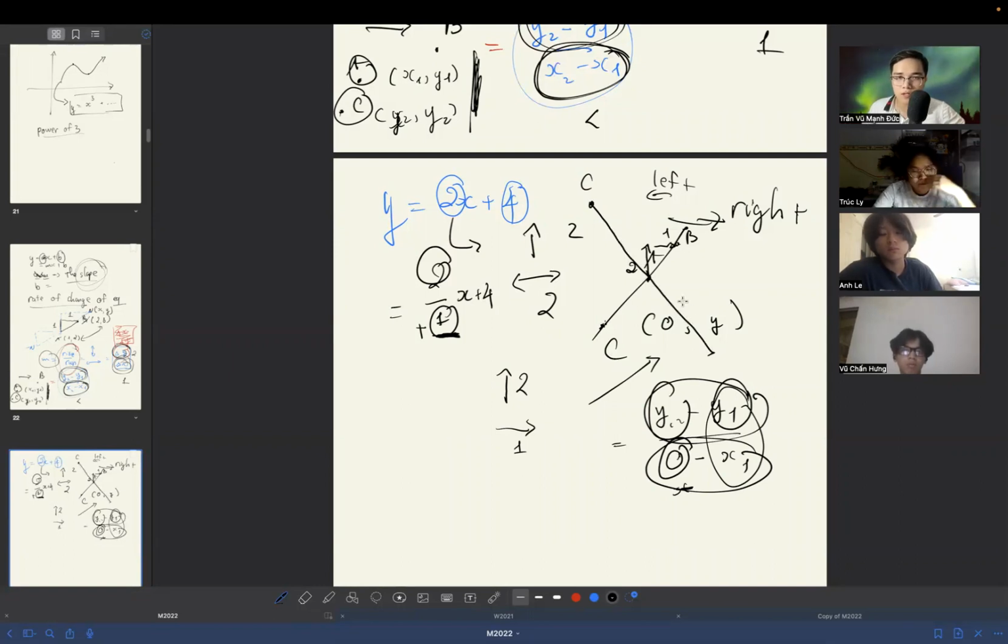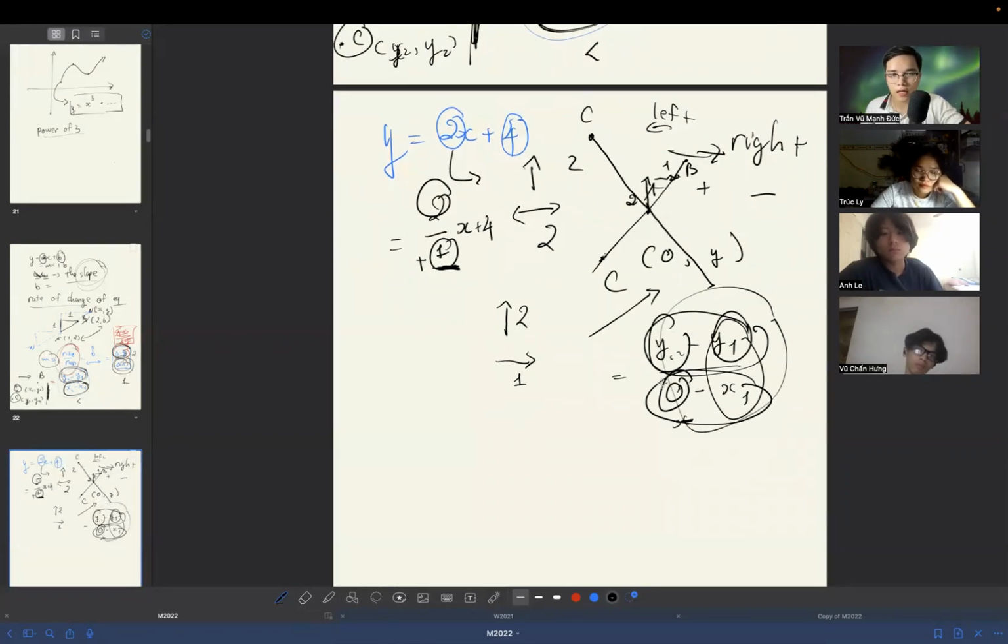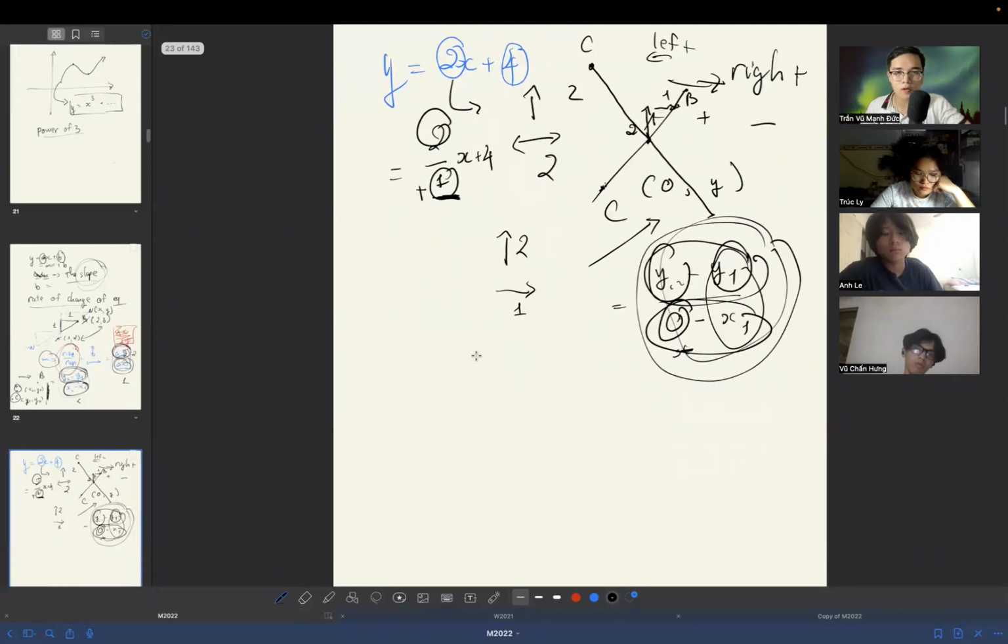The slope which goes down is a negative slope, and the slope which goes up is a positive slope. And look, this is the slope, and this defines whether the slope goes down or goes up. It will be either negative or positive.